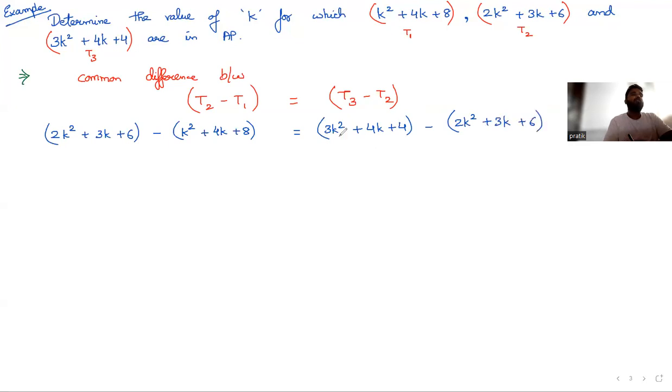plus 6. So now when you try to solve this, always do the grouping, like terms with like terms. So just writing this down, 2k square.